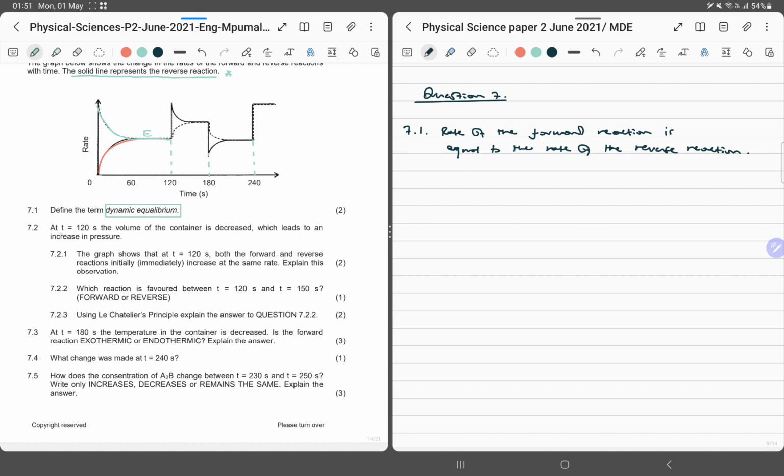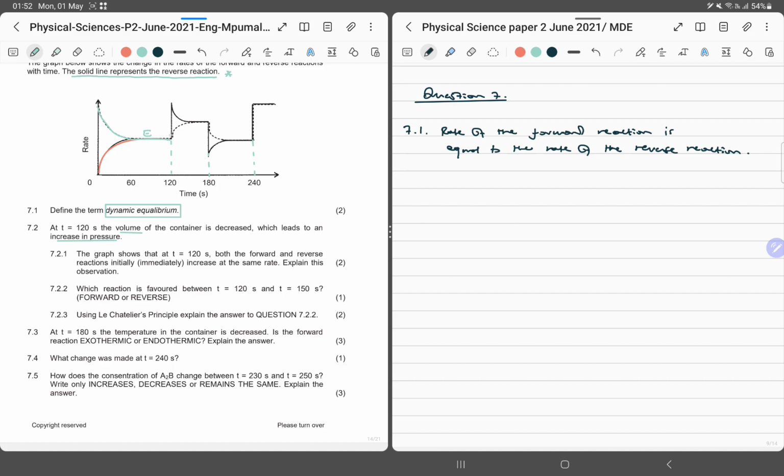Now, at time T120, the volume, okay, that they're leading us. Of course, we needed to explore what could have happened. So they're telling us that the volume of the container is decreased, which leads to an increase in pressure.